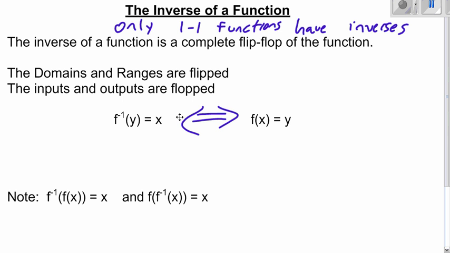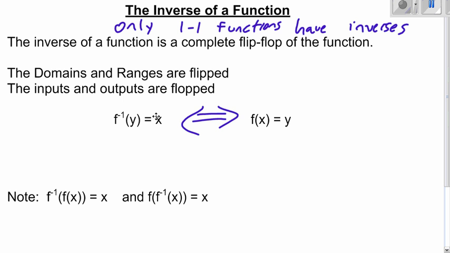The original f of x equals y means that we input x to get y, but for an inverse you would input y and get x back. So if we tie this back to composition of functions, if you were to compose f with f inverse, it just equals x, they would cancel out.